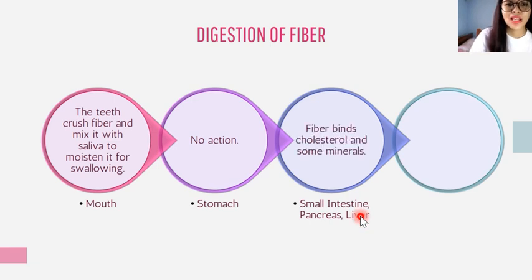And then in your small intestine, the fiber binds cholesterol and some minerals. As you can see, there's no absorption happening here, and no digestion happening here also, because actually no enzyme in our GI tract can break down fiber into absorbable components.